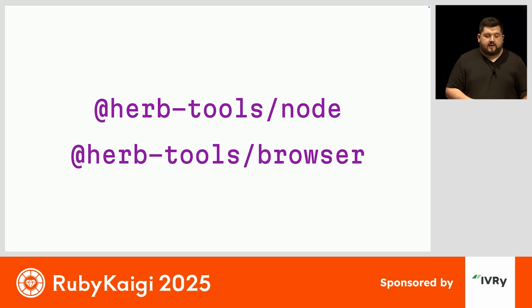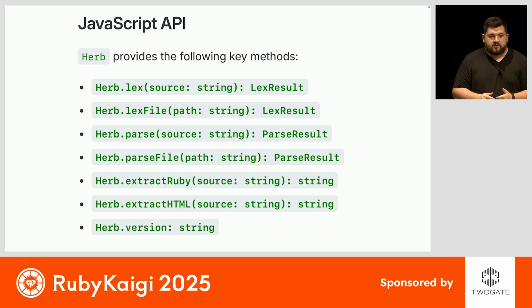We also provide 2 packages for Node.js and the browser. The browser package is using an Emscripten WebAssembly build, so you can run this fully in the browser without any server requests. And it also has the same API for both of them, so you can use the JavaScript API to parse and work with ERB files.